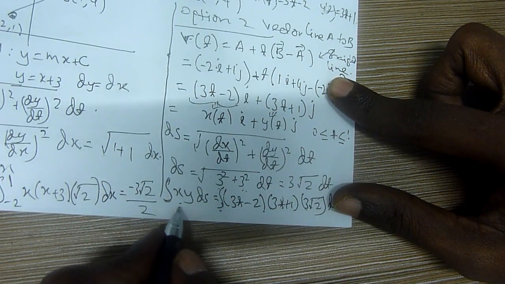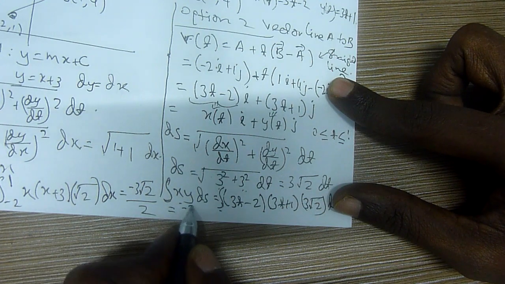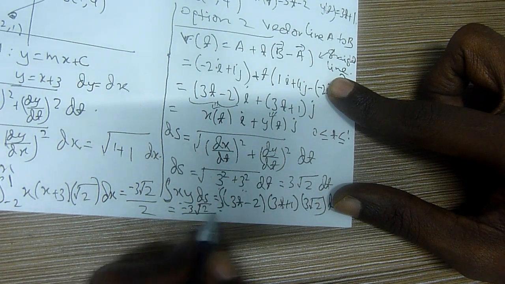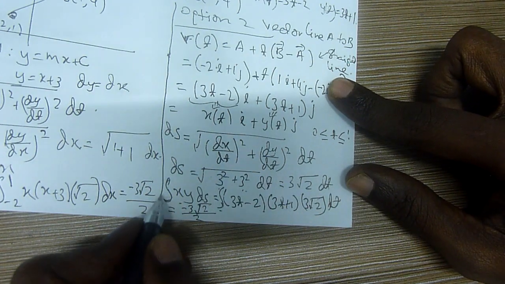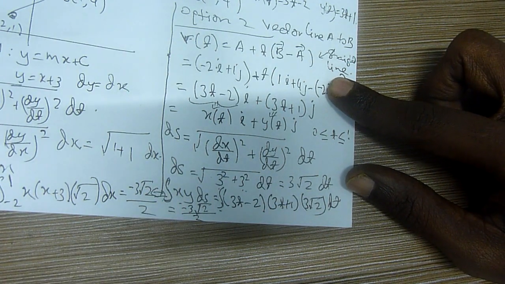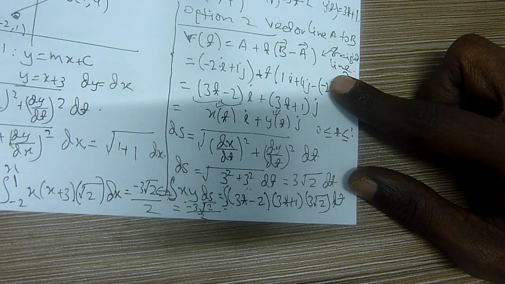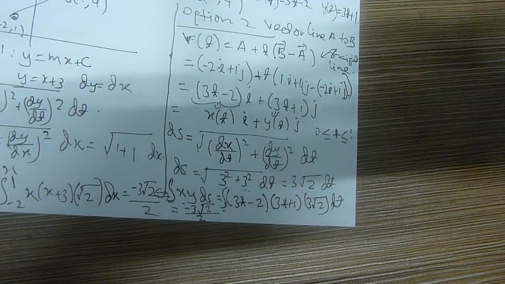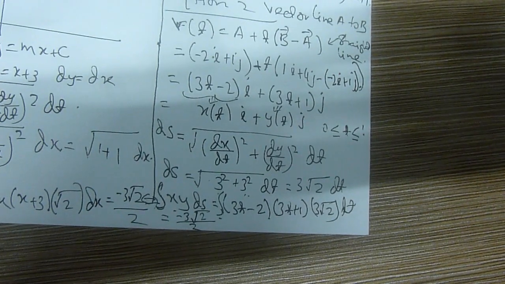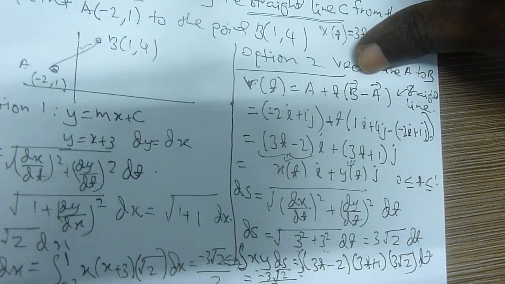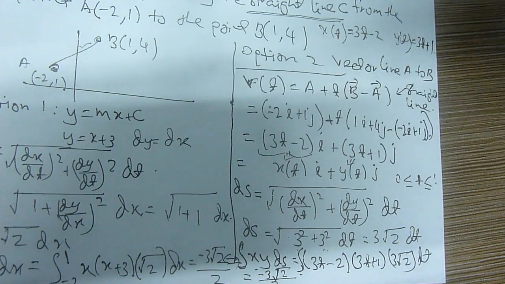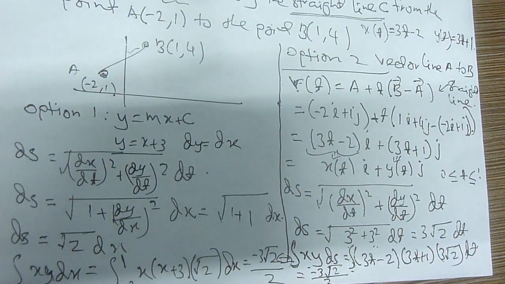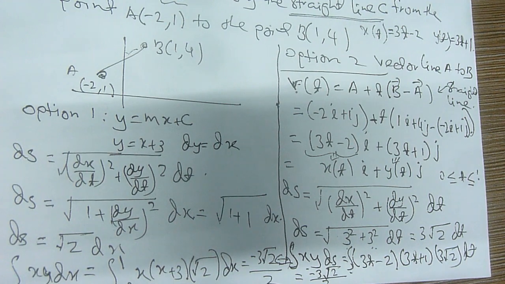Then you solve, you get the same result as this, negative 3 square root of 2 divided by 2. Seems too small for you to see. I put it side by side, therefore you can see these questions give the same answer once you solve it.